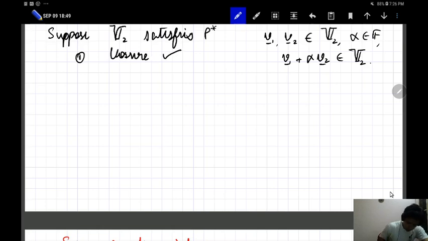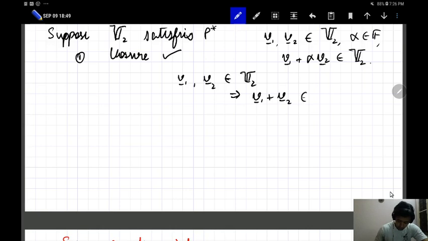So closure property is satisfied because V1, V2 belonging to capital V2 implies that V1 plus V2 is also in capital V2, we can simply take alpha to be equal to 0. And similarly, it is also closed under multiplication, because if V1 belongs to V2, then alpha times V1 is also in capital V2.